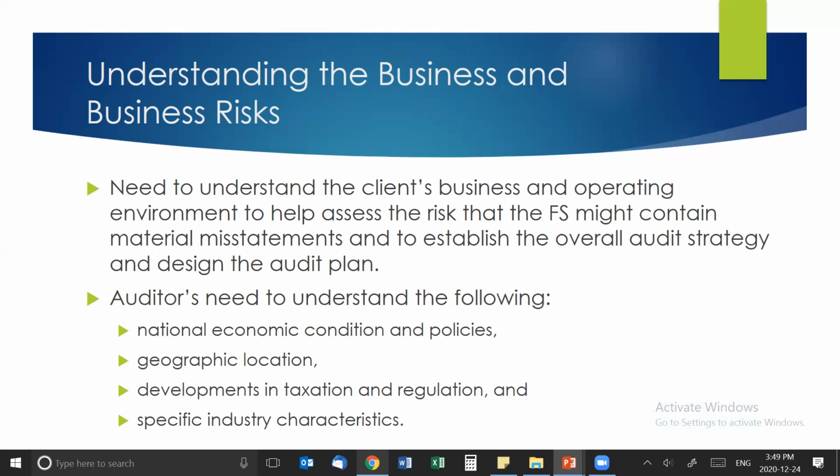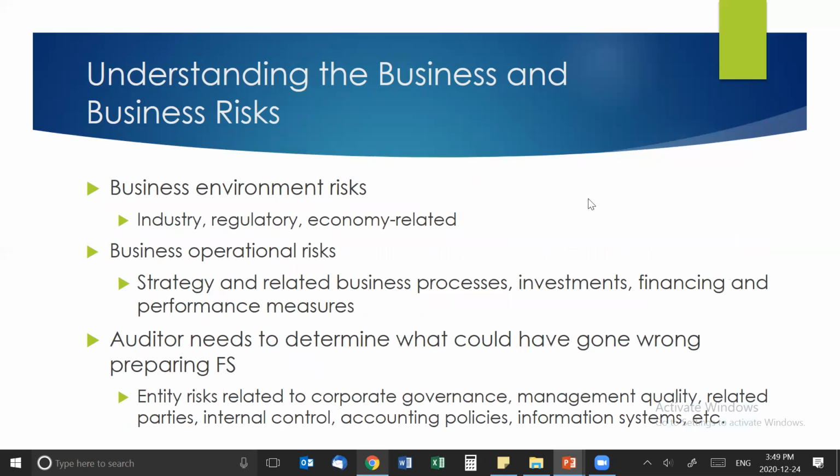Are there any specific industry characteristics that we need to know that would affect the risk that there will be material misstatements in the financial statements? So we just need to understand a whole bunch of stuff before we can do our risk assessment. So other things we have to know is, what are the business environmental risks?